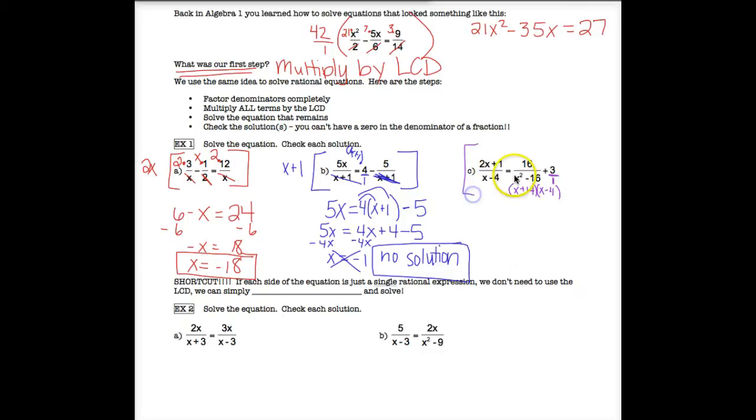All right, so I'm just going to kind of scratch this out so I know that this is my new denominator. So my LCD, I've got an x minus 4, so that needs to be part of it. Over here, I also have an x plus 4, so that needs to be part of my LCD.